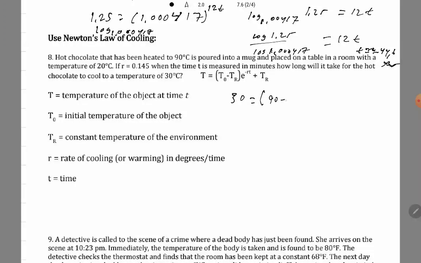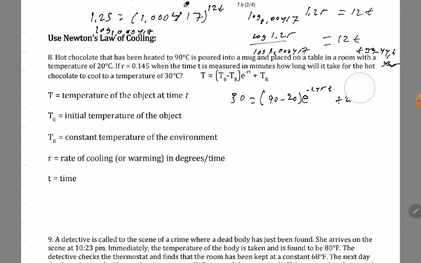So parentheses 90 minus TR, the constant temperature of the environment, so room temperature is 20, and then e to the negative R, the rate of cooling, times t, so e to the negative 0.145 t, where t is what we're looking for, plus TR, which is once again room temperature, 20 degrees Celsius.